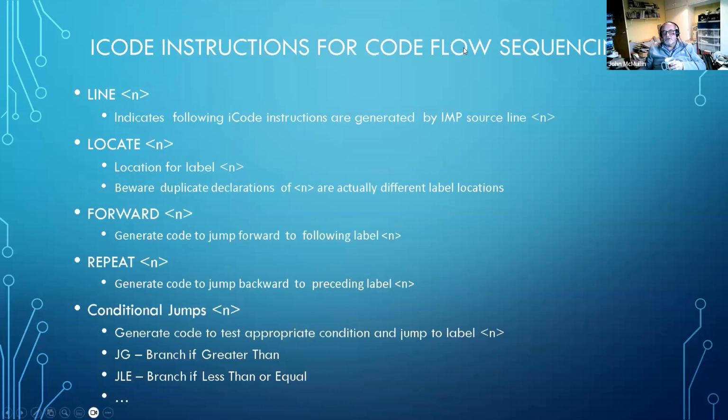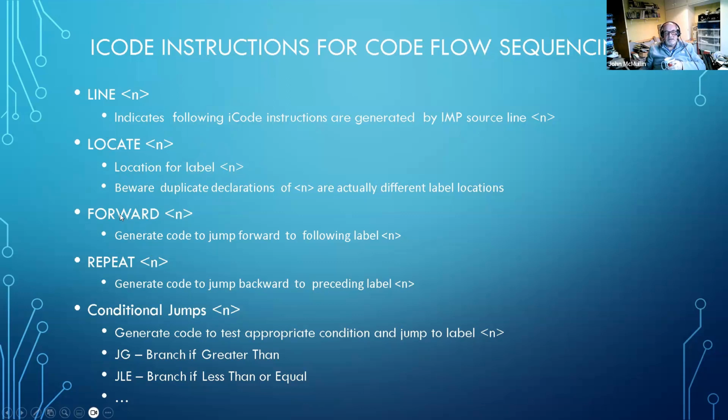If I want to do control flow sequencing, I code line indicates what's the current line we're on for this imp source. Locate is for a label, so we're declaring a label at that point. There are actually two types of label definitions, one for user-defined and one for compiler-defined labels, and they have different keywords or different I codes.